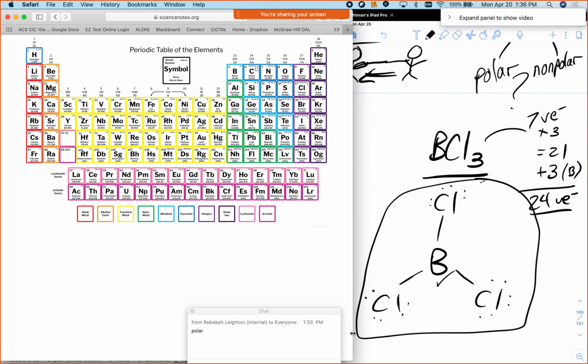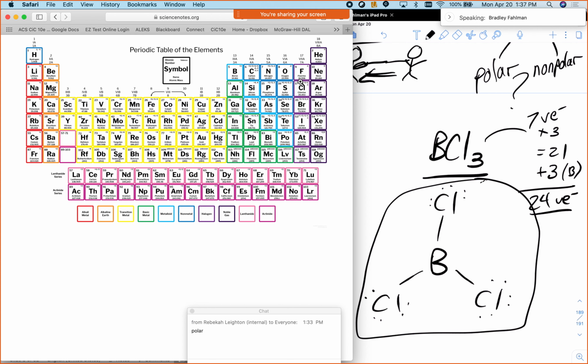How are we going to draw the arrows? In what direction are they going to point? Between boron and chlorine, which is more electronegative? You're looking at which is closer to fluorine.